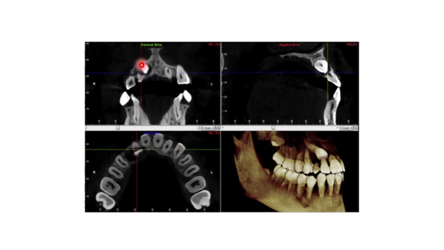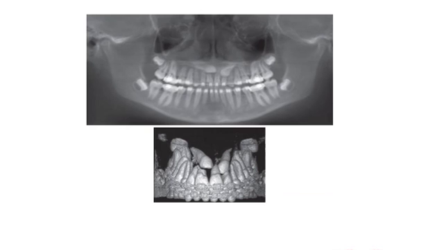Also here there is a radiolucency around the canine's crown and tooth. Here there is root resorption of the permanent lateral and central incisors due to the pathological changes associated with the impacted tooth. Here also we can see in the CBCT bilateral canine impaction causing root resorption of the anterior teeth.